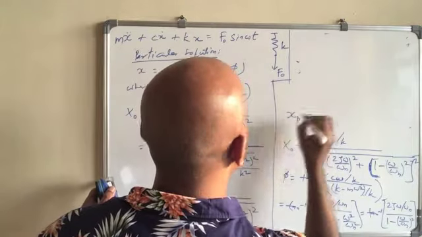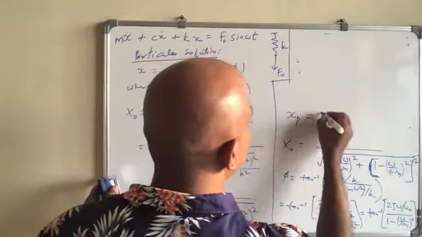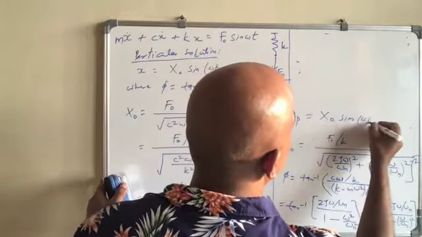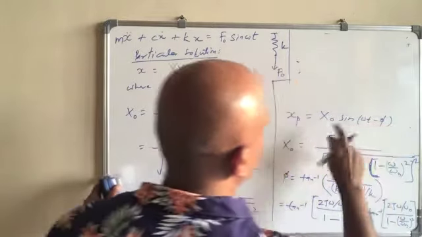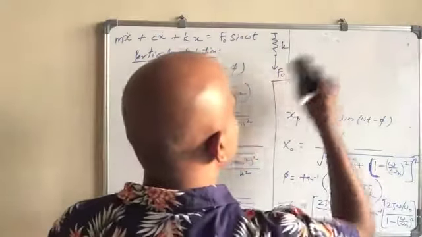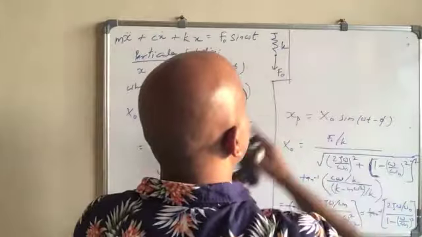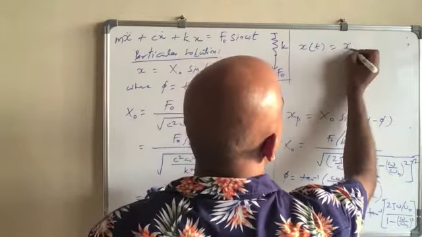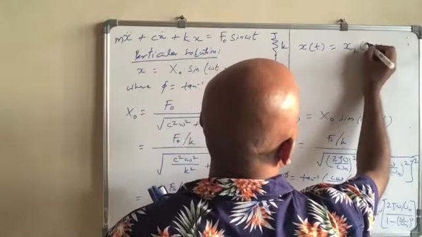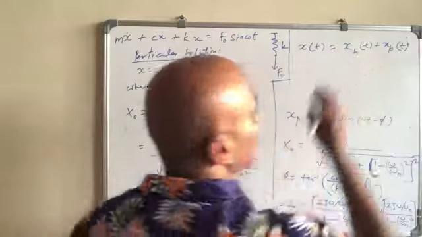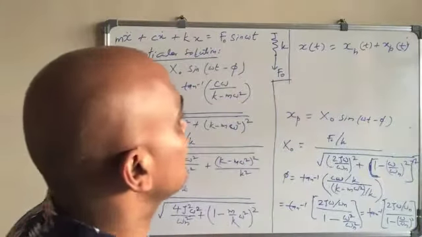So x p is equal to x naught sine omega t minus phi, where x naught and phi are given. As I said, the complete solution x(t) will be equal to the homogeneous solution plus the particular solution. That's what the total, actual solution will be.